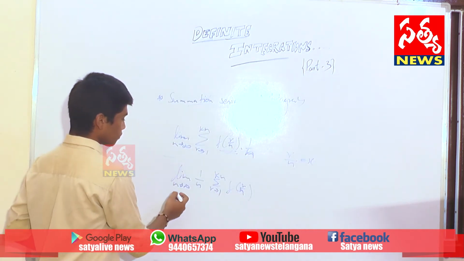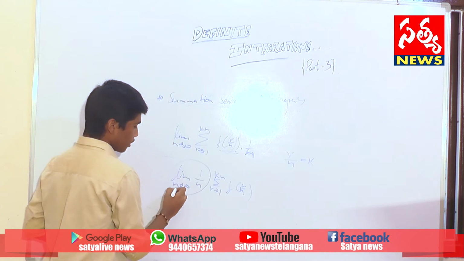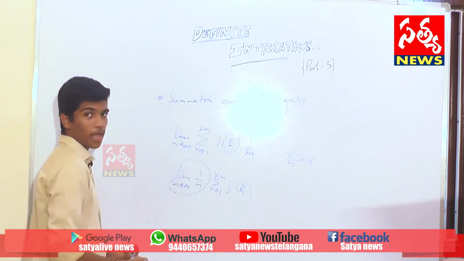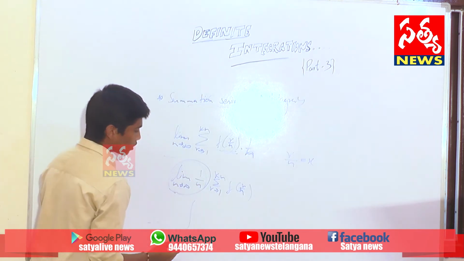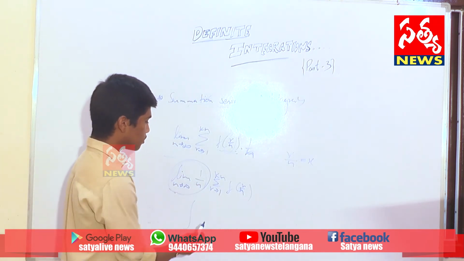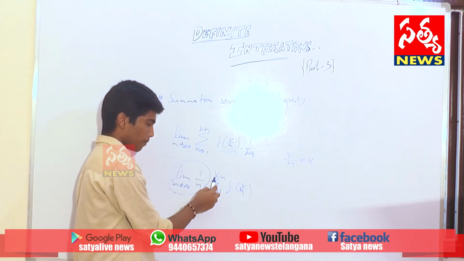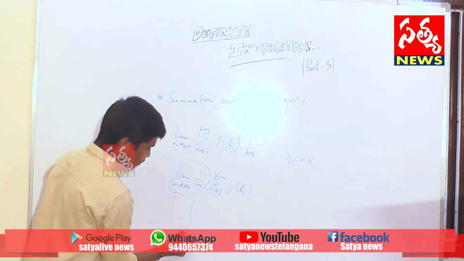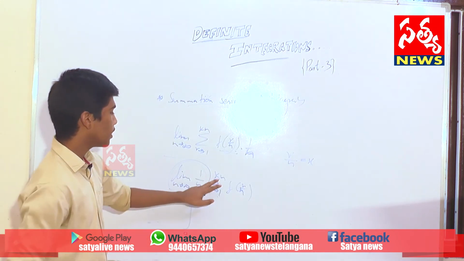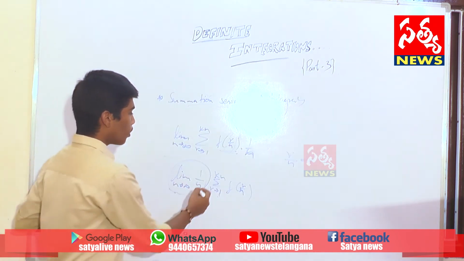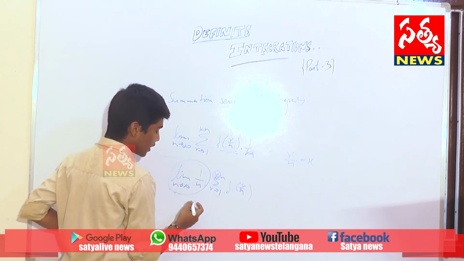Okay, here we can take limit n tends to infinity of 1 by n as integration. This whole becomes integration. And for limits, if r goes from 1 to kn, if r is 1, then the lower limit would be 0, and the upper limit, what is the constant here? K, right?